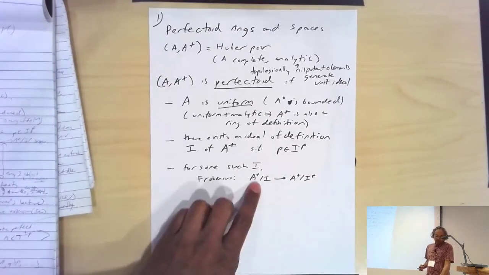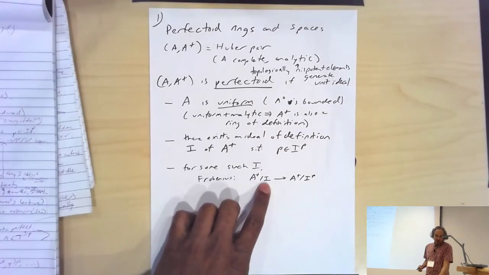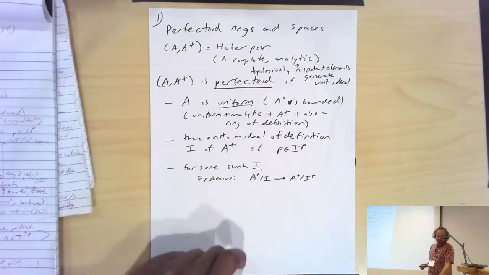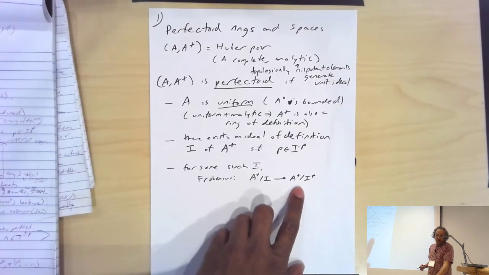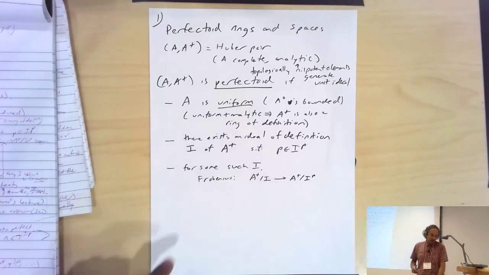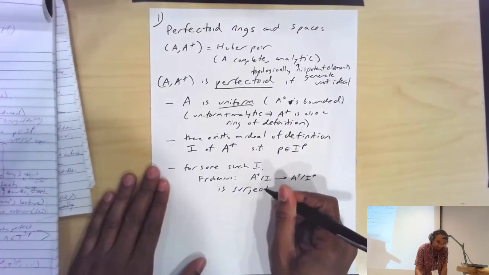Because when I take pth powers of things, first of all, the pth powers of these things do get killed, and also if I have a sum of two things, then the cross terms are divisible by p, and p is in here. So this is a well-defined ring homomorphism, and I want that to be surjective.